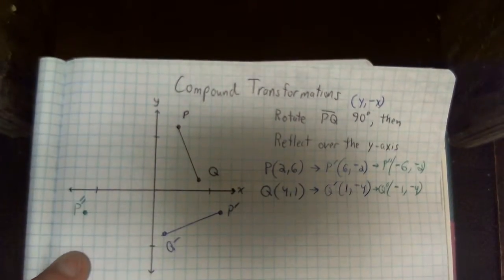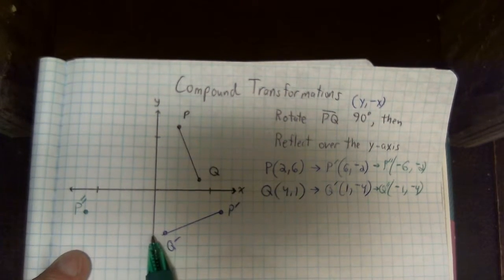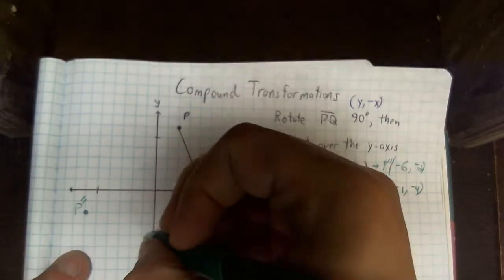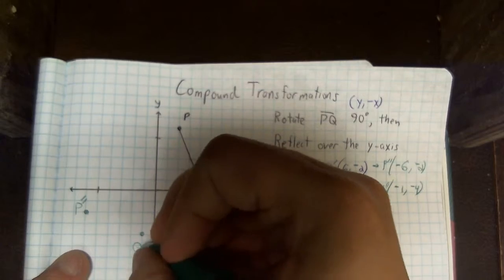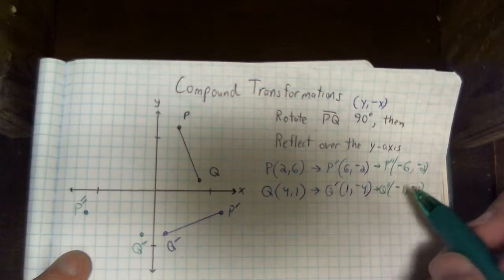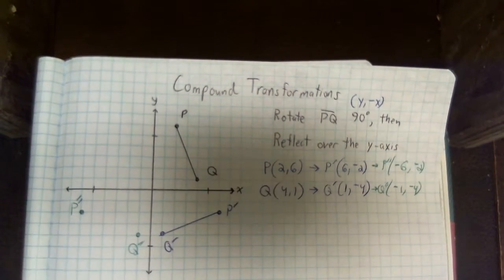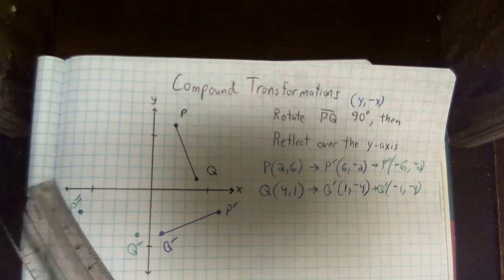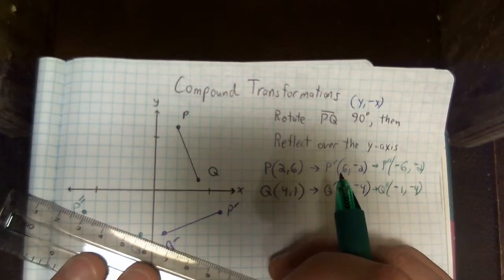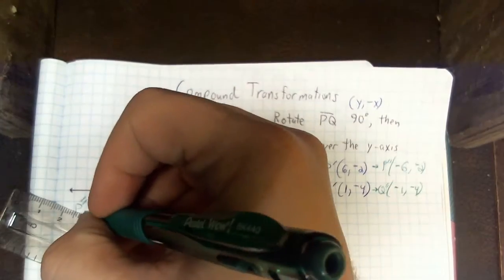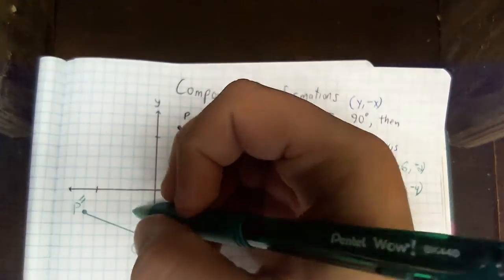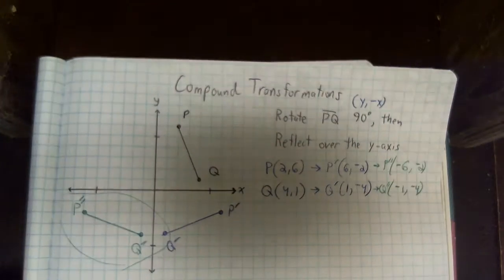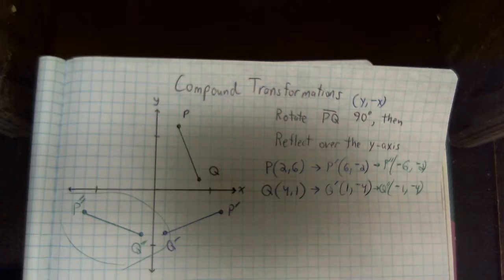So P double prime. Q was 1 away, so I want it to be 1 away on the other side. Q double prime, and again, that's exactly where we originally thought it was going to land. It was at -1, -4. So we connect our coordinates. This is the solution to the problem that we were just looking for.